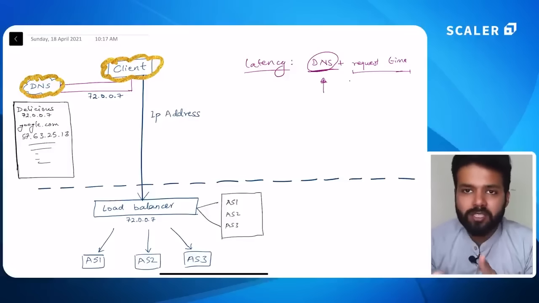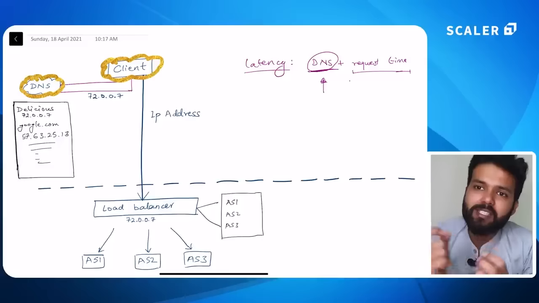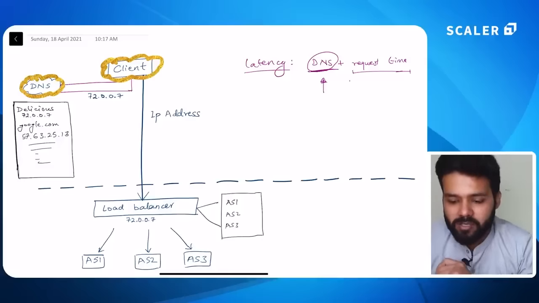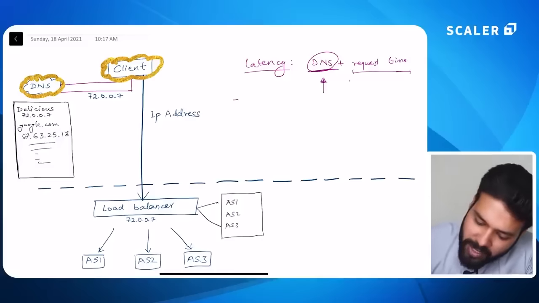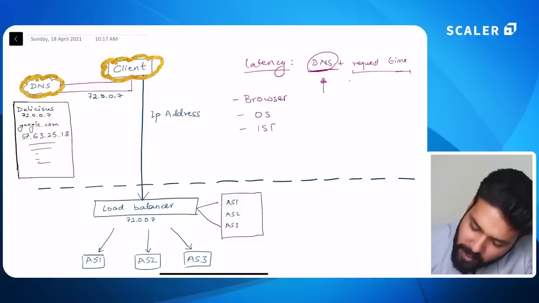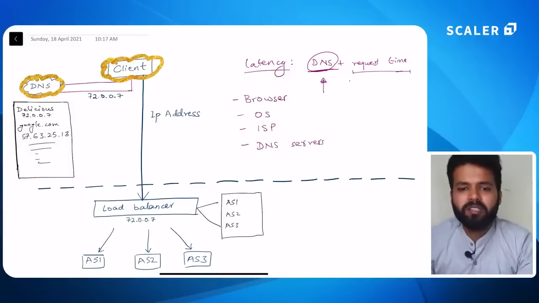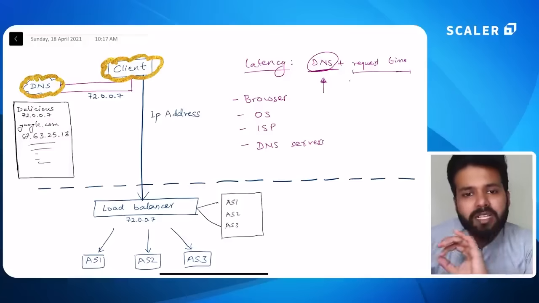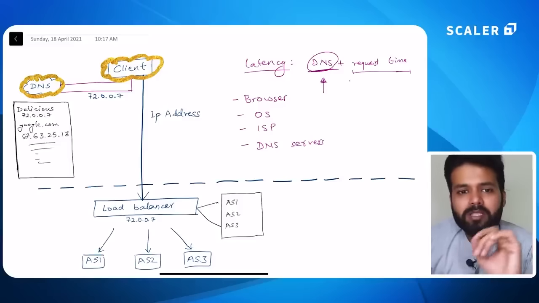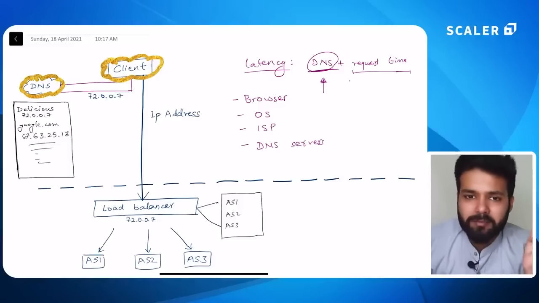And to achieve this, we try to cache the DNS mapping at various stages. What are the various stages? We try to cache it at the browser, we try to cache it at the OS, ISPs, and then we also replicate it to DNS servers. There's one more important thing. Now assume that the DNS servers are placed at only one geographical location, let's say US, and the requests are originating from, let's say, India.